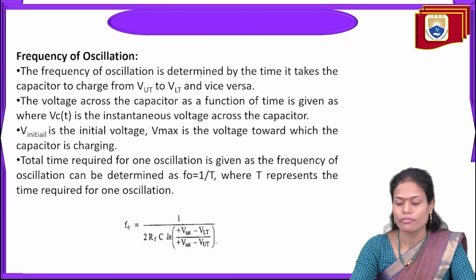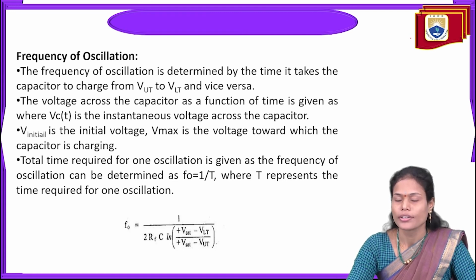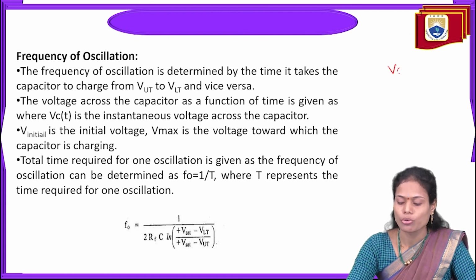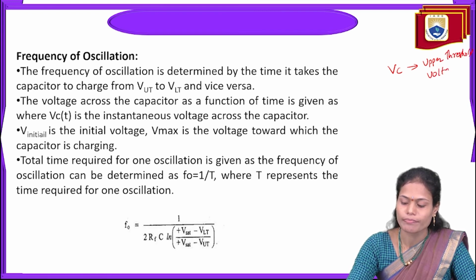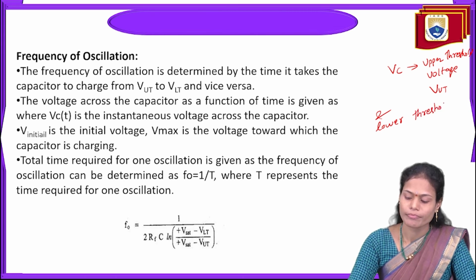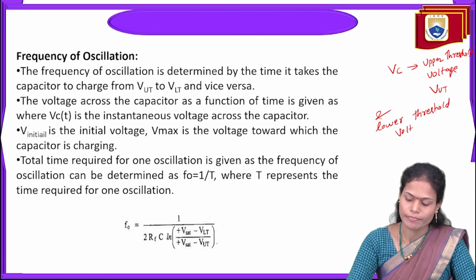This frequency of oscillation we can determine from the capacitor voltage, which is changing from the upper threshold voltage VUT to the lower threshold voltage VLT.